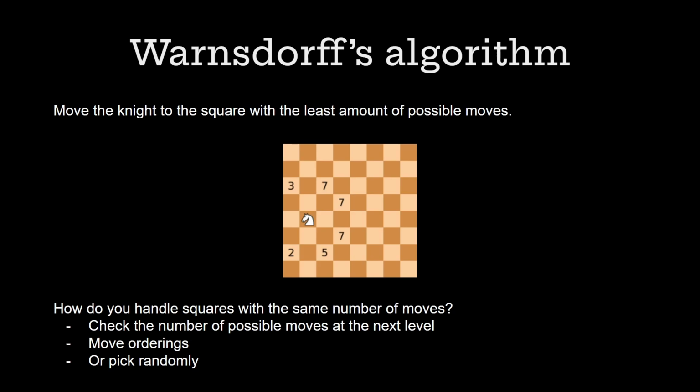The last solution is just to pick randomly. However, if you visit the research paper, there is some evidence that if you pick randomly, as the chessboard grows bigger and bigger, the chances of getting the correct path decrease. So it's better to go with the other two solutions.